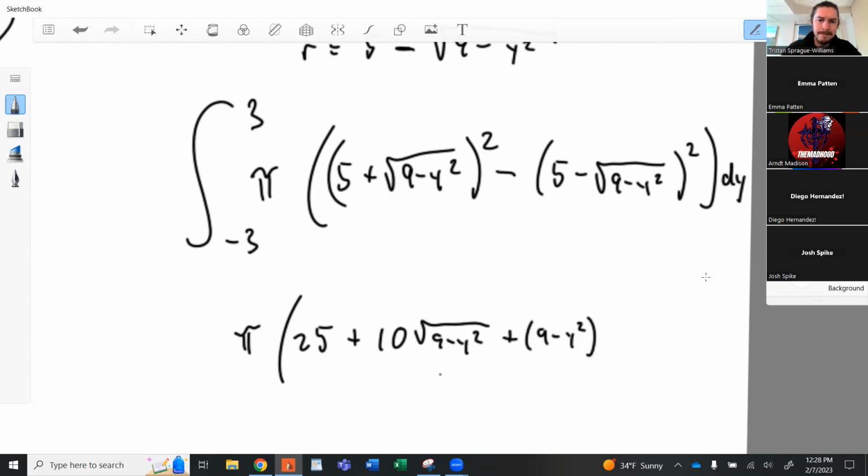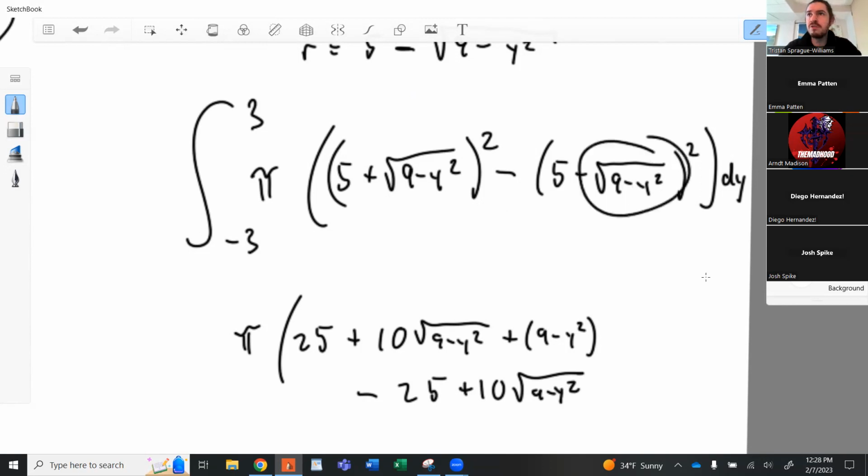That minus this stuff over here: 5 squared is 25, and you get 5 times negative 2 times the a, b, so these are opposites. You get minus 2ab, which with another minus here is going to be a plus 2ab. So we have plus 10 root 9 minus y squared. And then squaring this, negative times negative is positive, so you have another positive 9 minus y squared, but then you're subtracting it. So minus 9 minus y squared.